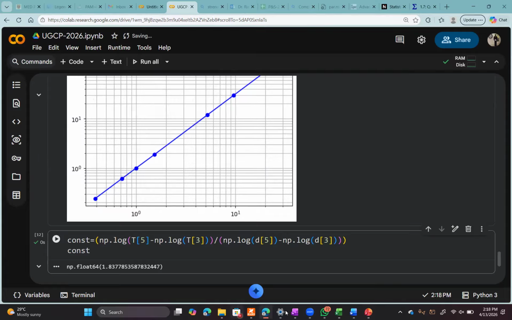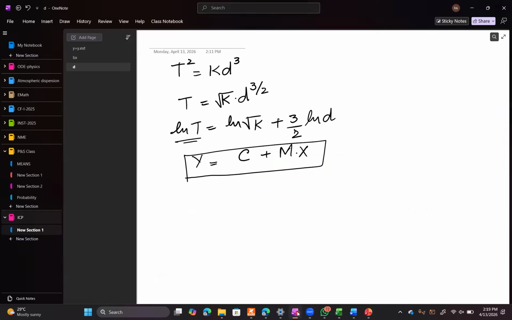So let's see the procedure, how I have used this expression. If I start with a power relationship, y equals alpha x raised to the power beta, and if I take the log, log of y equals log of alpha plus beta times log of x.